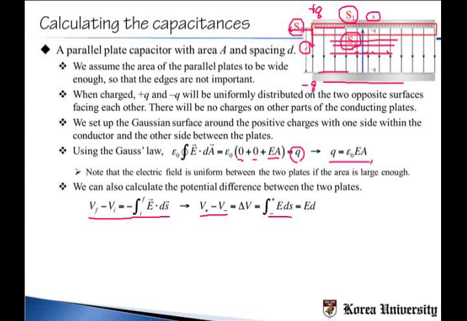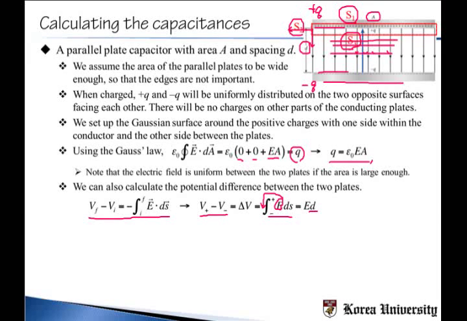We just said that E is uniform, so E comes out of the integral. If you integrate ds from the negative plate to the positive plate, that is simply the distance between these two plates, which is d.